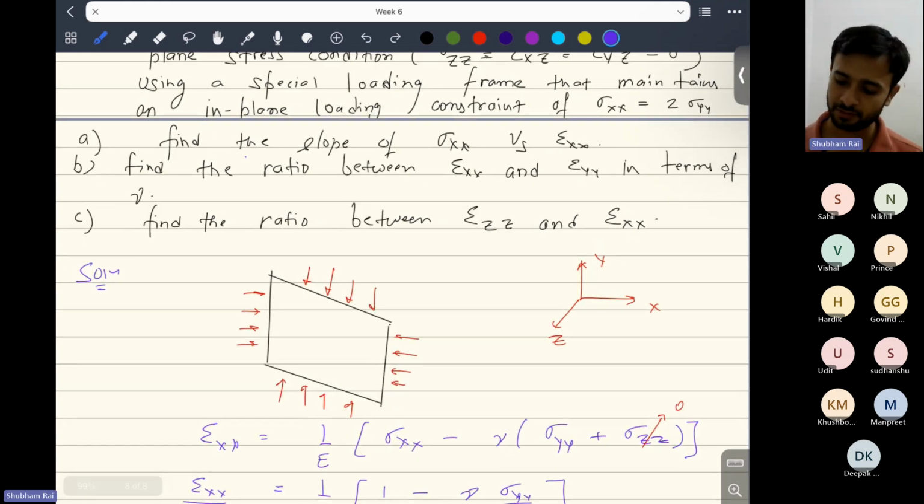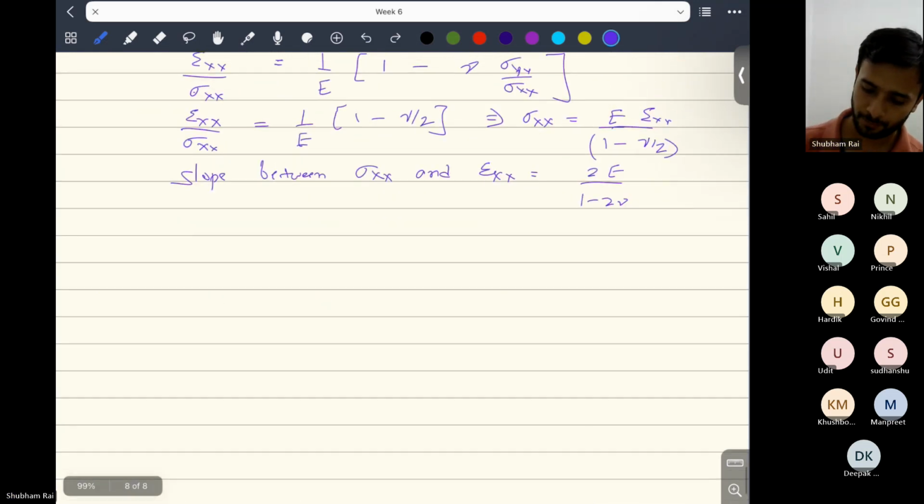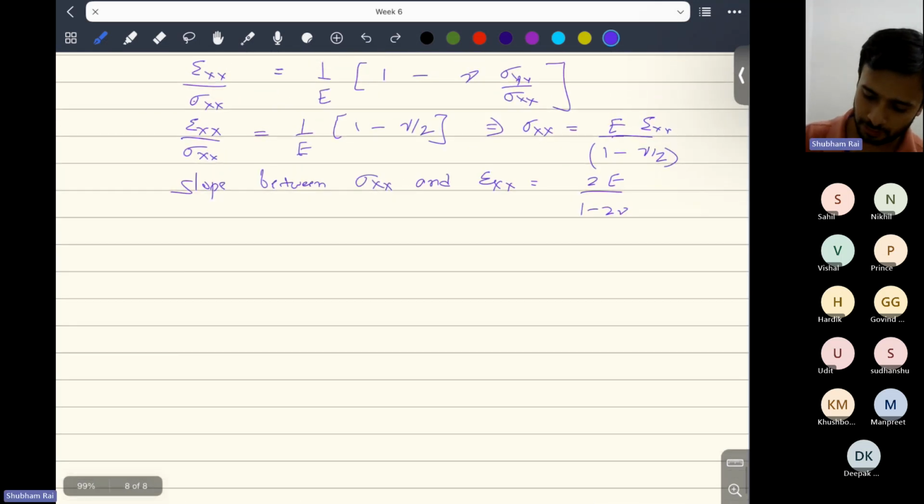Now we have to find the ratio between epsilon xx and epsilon yy in terms of mu. So we need to evaluate epsilon xx divided by epsilon yy. We already have epsilon xx over sigma xx. So if we find sigma xx over epsilon yy, then we can multiply these two equations and get epsilon xx over epsilon yy. So let me just write epsilon yy.